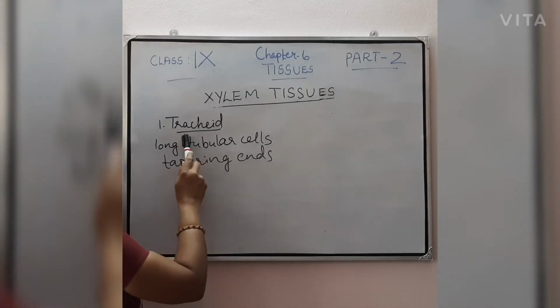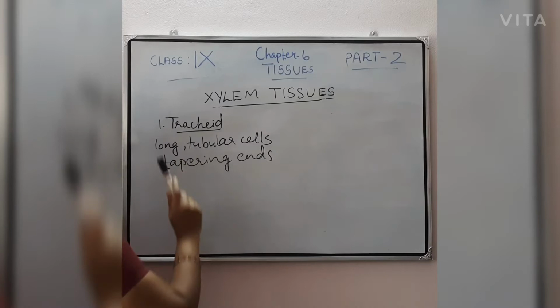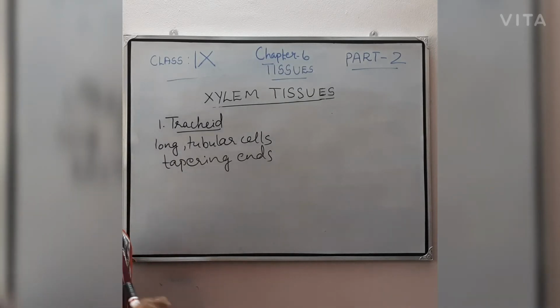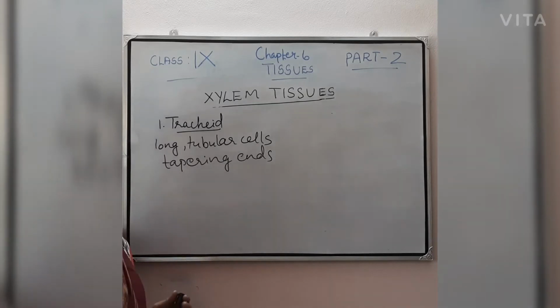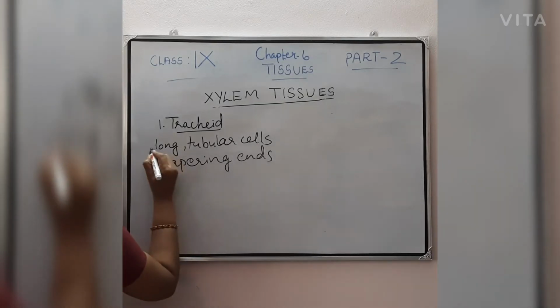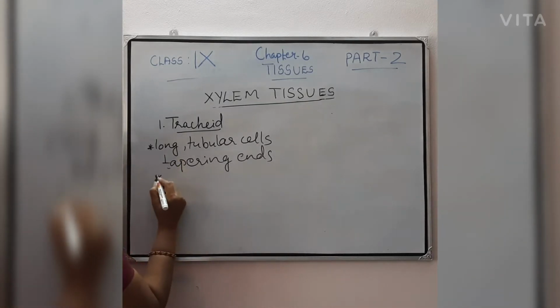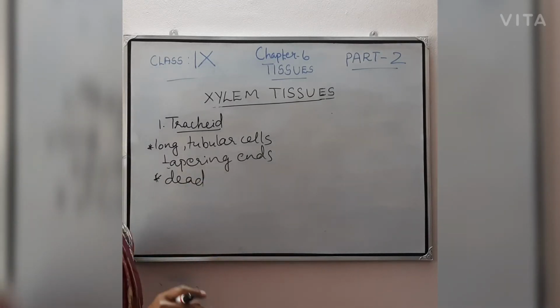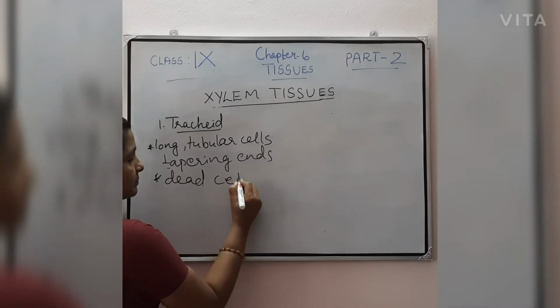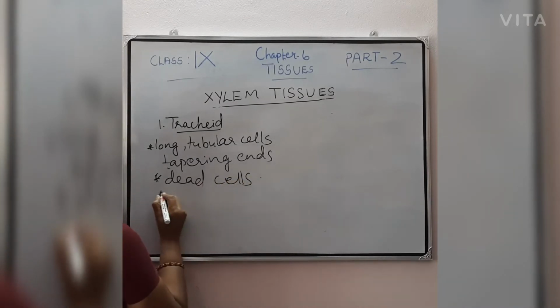So the first element of xylem tissue is tracheids. Tracheids consist of elongated tubular cells with tapering ends, and these cells are dead cells when they mature.